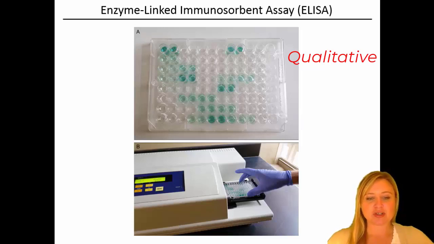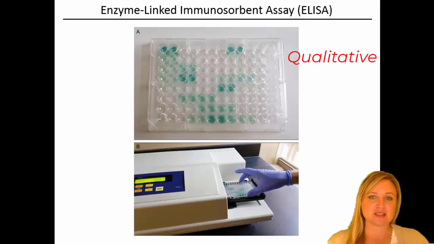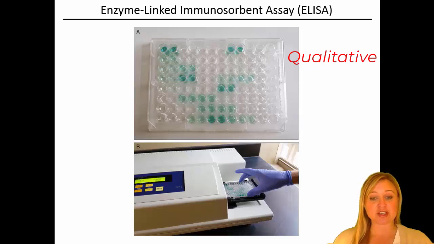So a spectrophotometer is just going to look at the degree of intensity of a particular wavelength of light. Remember that colored light is just different wavelengths of light. So the spectrophotometer is going to be able to measure the intensity of these different colors. So we can put the ELISA plate into a 96-well spectrophotometer, and it will read how much color is found in every single well.